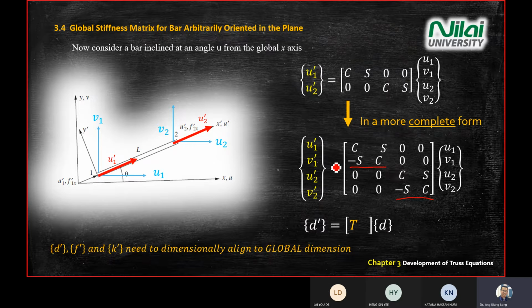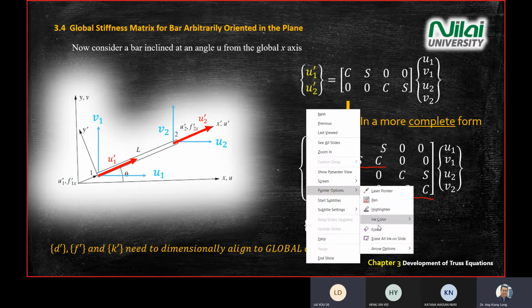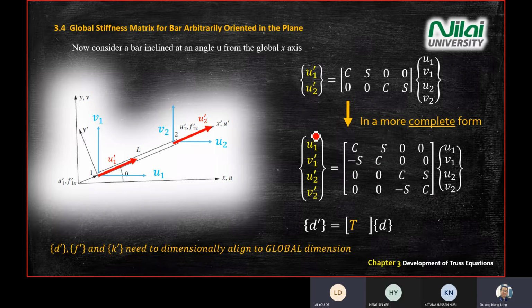Do you understand? Okay, you okay means you understand, right? All right, so in this case, we have our transformation matrix in a more complete form.